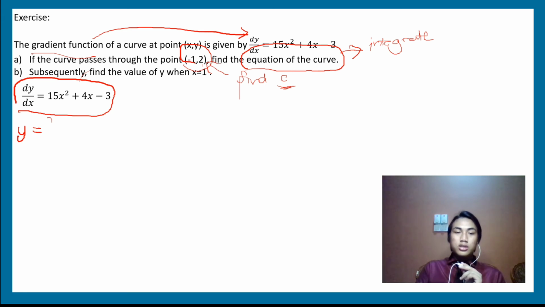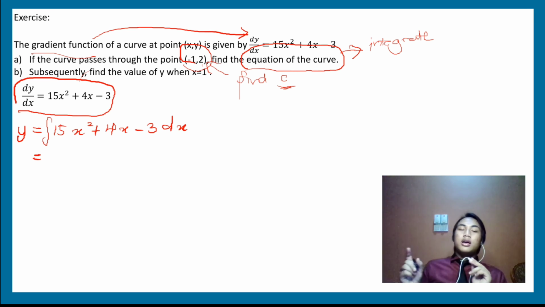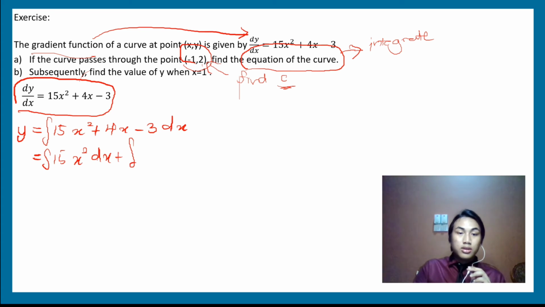So here, integrate, just copy it back. So following the previous subtopic, we can separate: integrate 15x squared dx plus integrate 4x dx, oh sorry, not plus, it's actually minus, so minus integrate 3 dx.